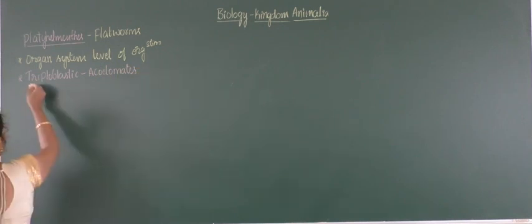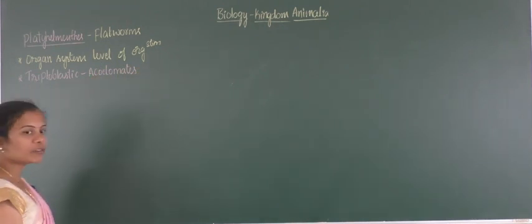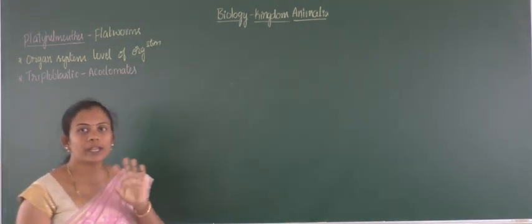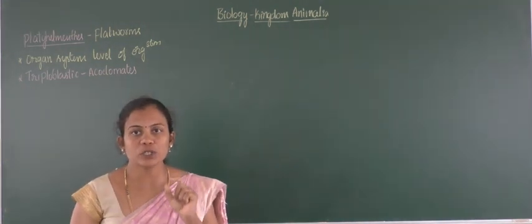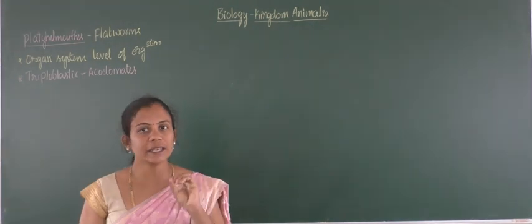See, I have written triploblastic, but it is acoelomate. What is the difference here? In case of acoelomate, they possess only ectoderm and endoderm, and the mesodermal germ layer, which forms the body cavity, is absent. So this is the complete information regarding acoelomates.